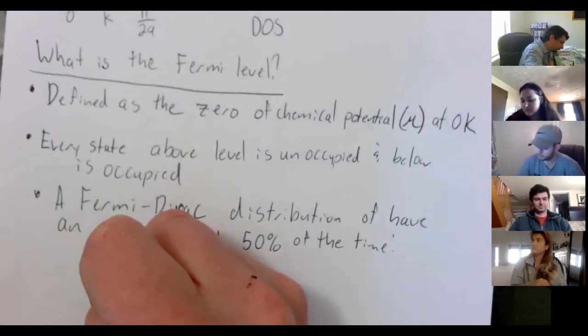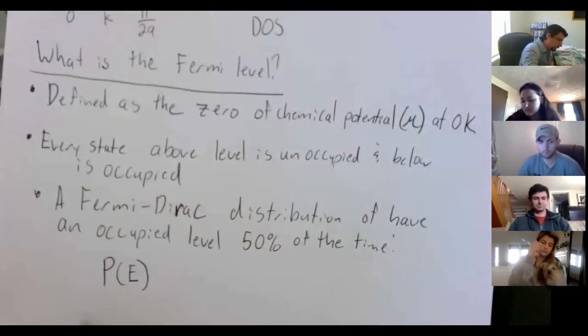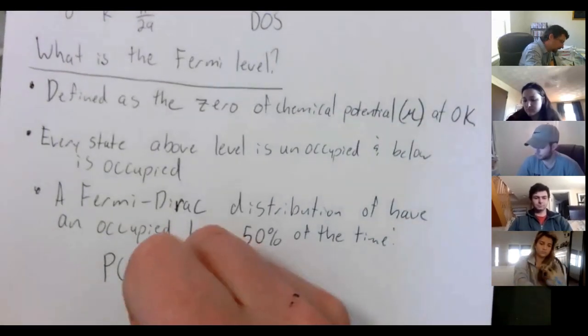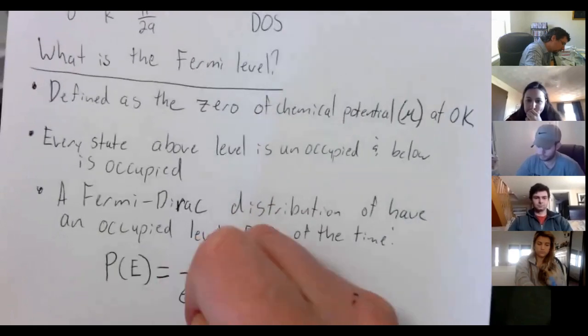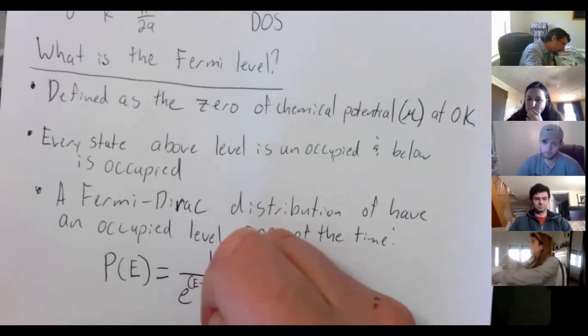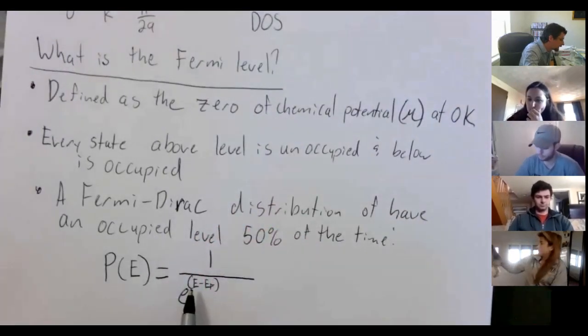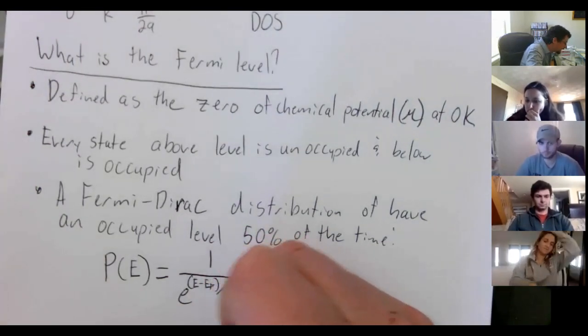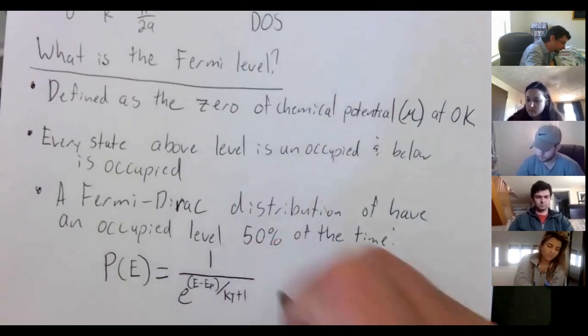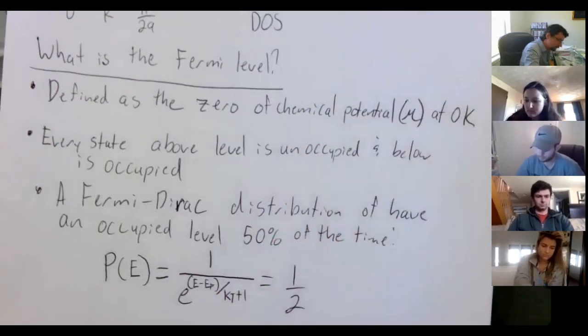So it follows this mathematical formula where the probability of that energy, which also comes from statistical mechanics, is 1 over e to the (E minus EF), so whatever energy we're talking about, divided by kT, plus 1. And that should equal 1/2.